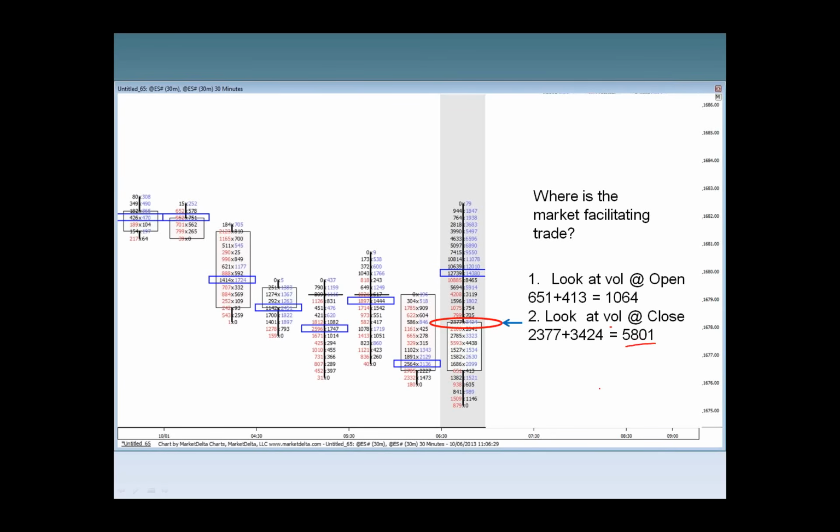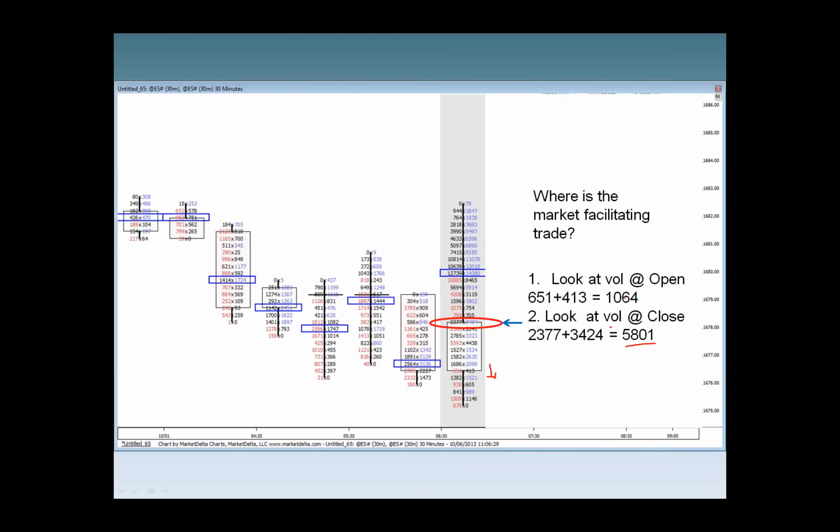5,801. Now, which direction is the market facilitating trade in? Am I seeing more volume as we move higher, or am I in fact seeing more volume as we move lower? And it should be quite intuitive. This is about 5 times the volume we see at the close than we do at the open.